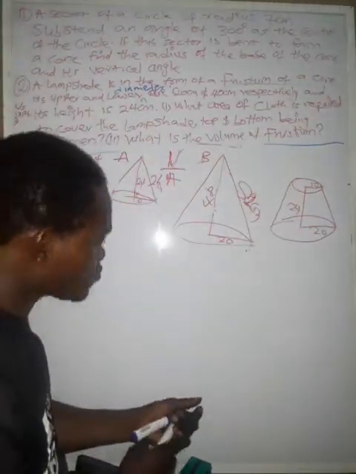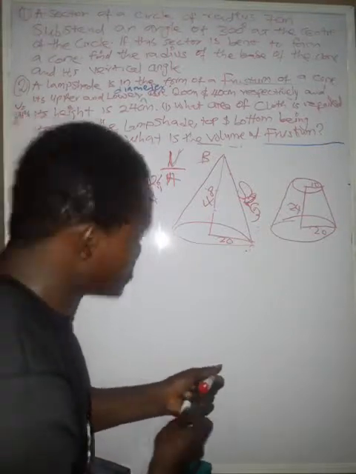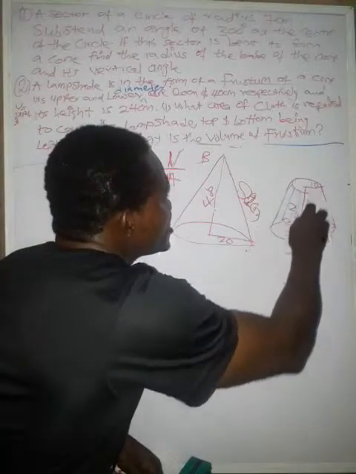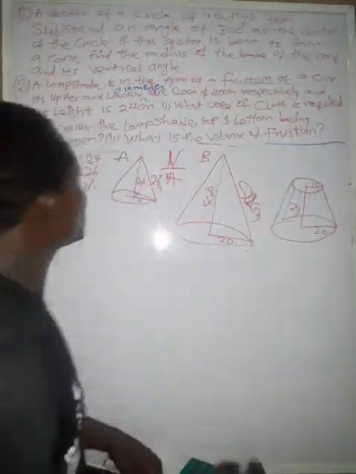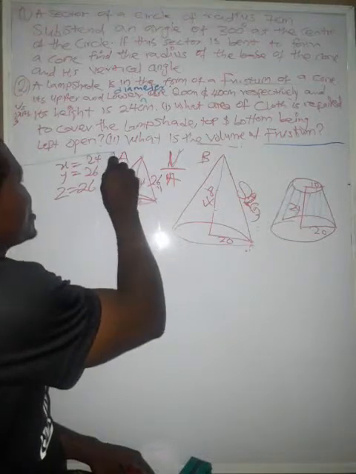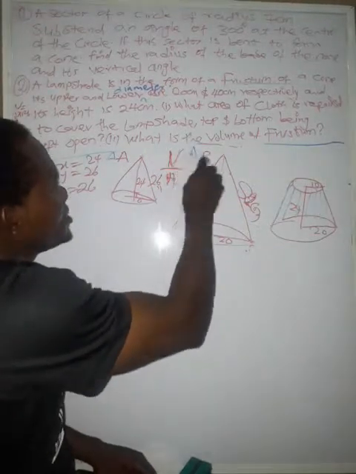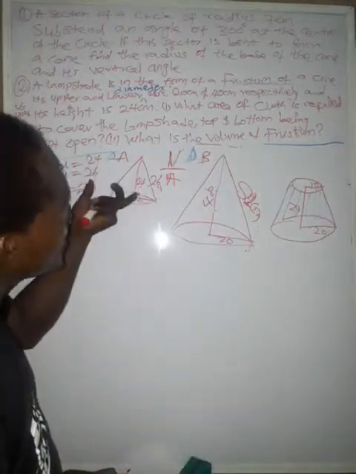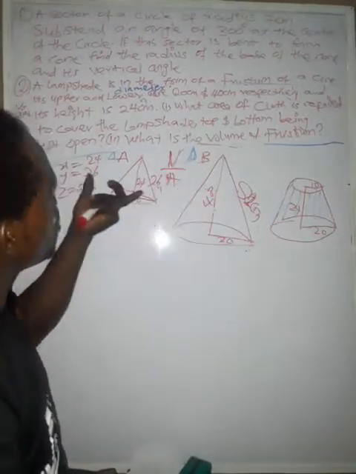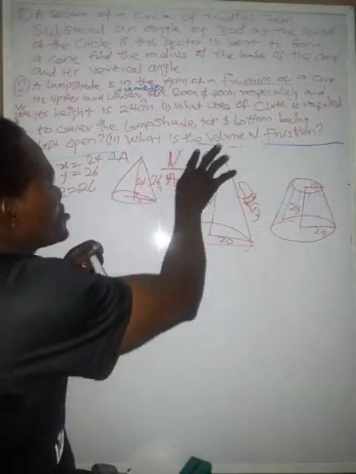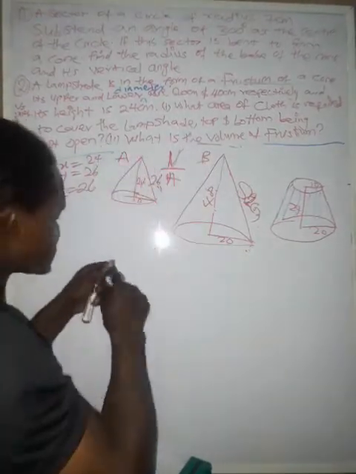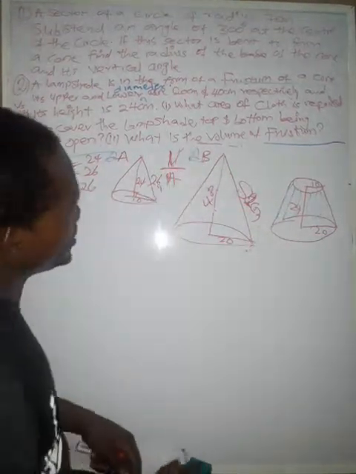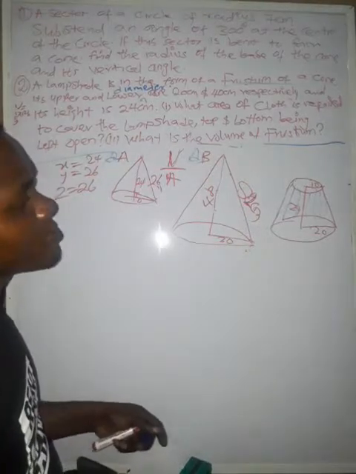Invariably, what they are asking us to find is the curved surface area. As I've named these triangle A and triangle B, don't forget that triangle B is the bigger one. If I use cone B and subtract cone A from it, I'll have a fulcrum.